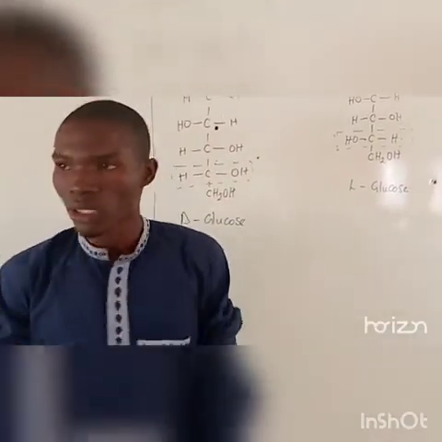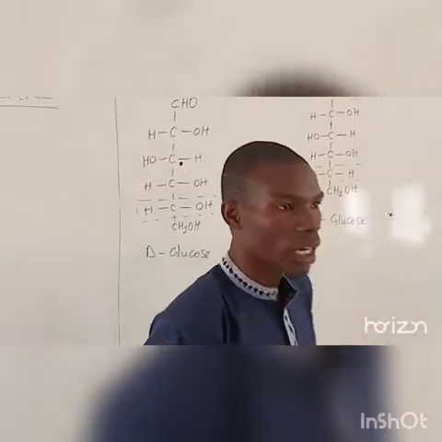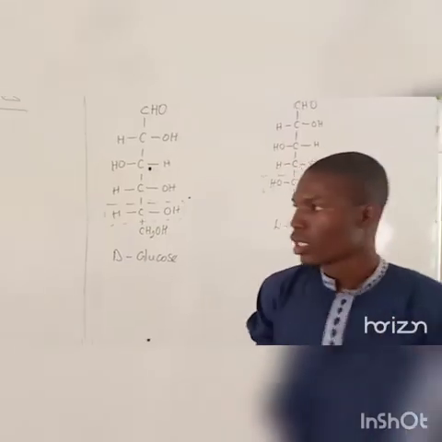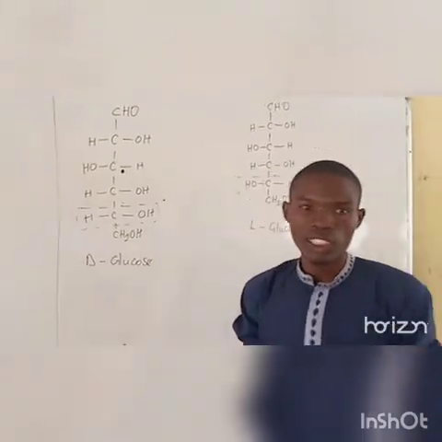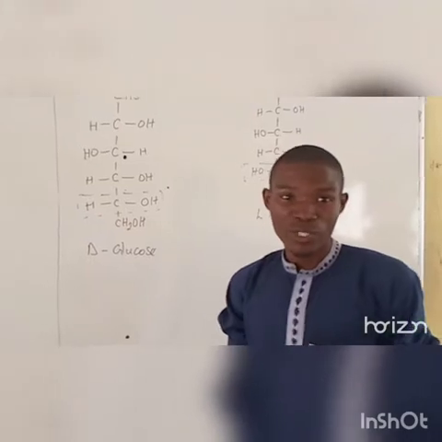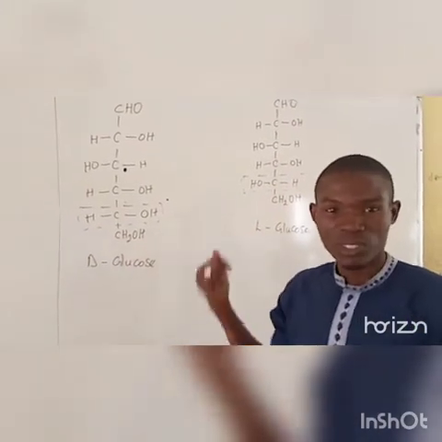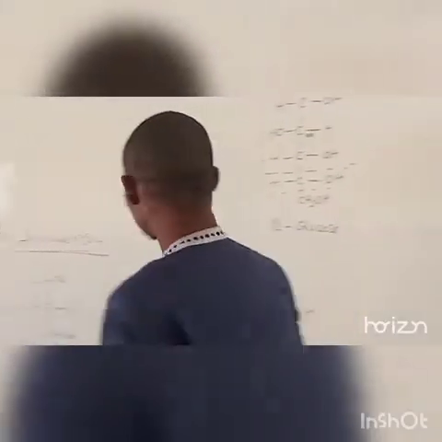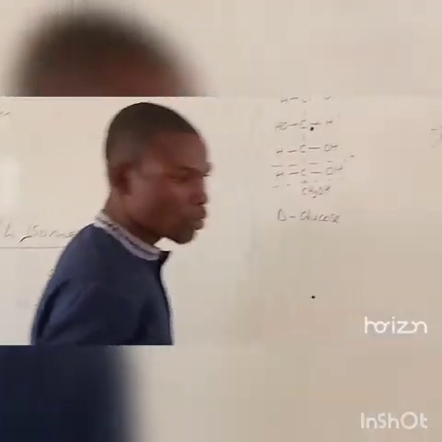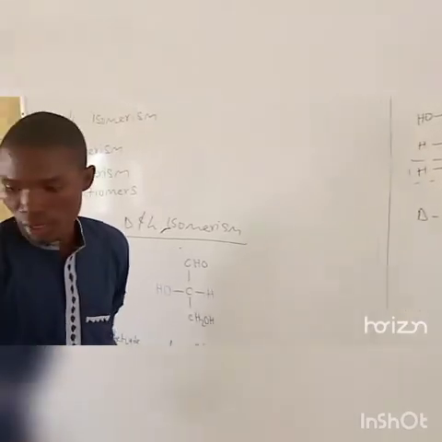The L glucose is rare in nature, while the D glucose is very common, and that is why if you want to go and buy glucose, you see they put D glucose, right? So don't drink L glucose. Hope you understand.